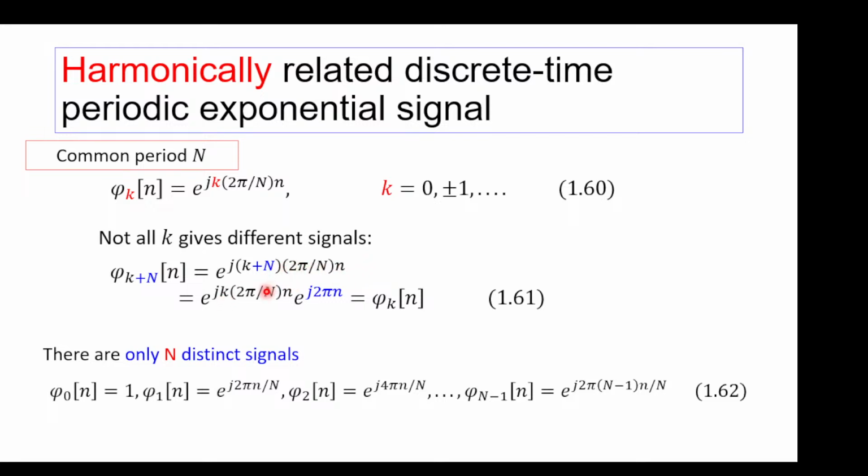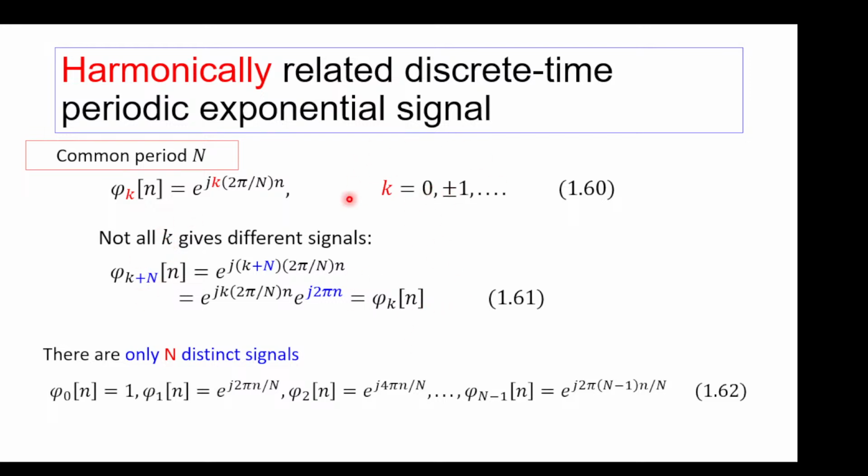Moving things around, this big N gives you e to the j big N times 2 pi divided by N, so big N cancels with big N. So it's just e to the j 2 pi times small n, and small n is an integer, so e to the j 2 pi n is just 1 always. So if you increase k by big N, then the signal is the same.